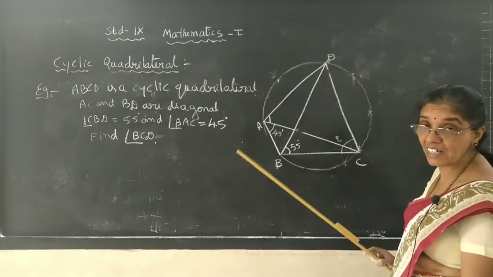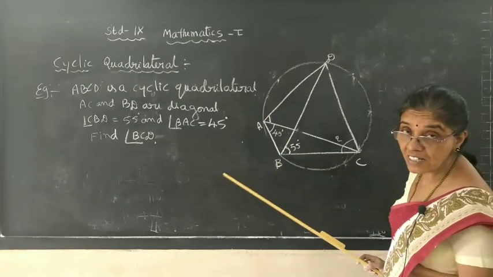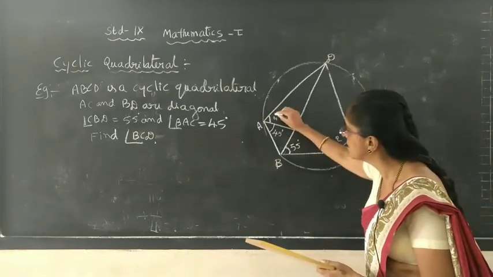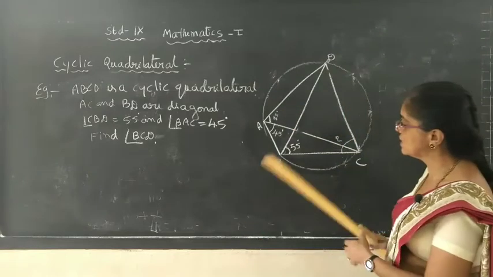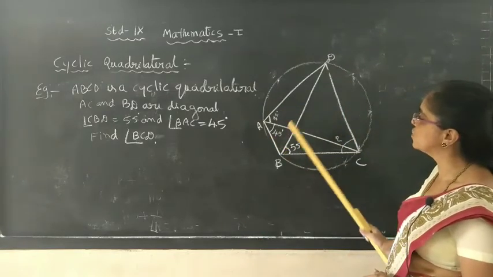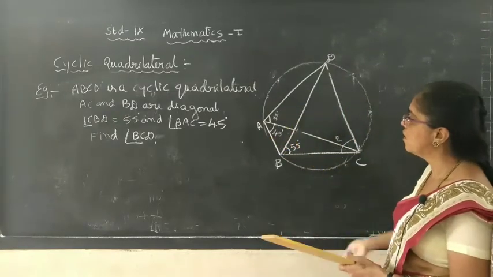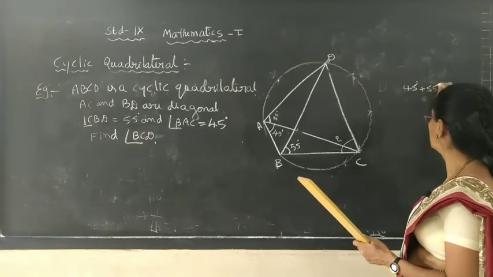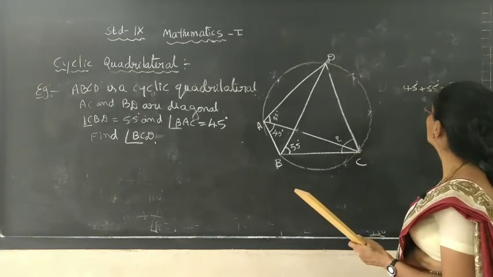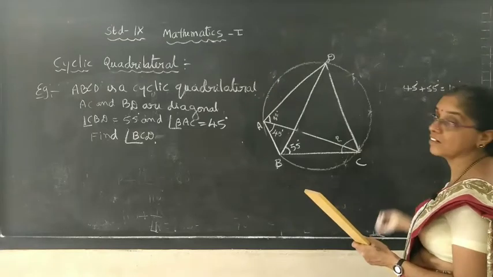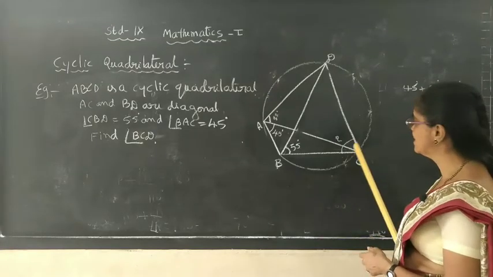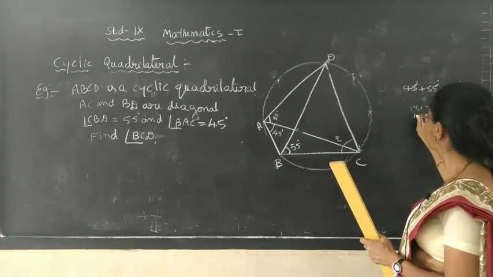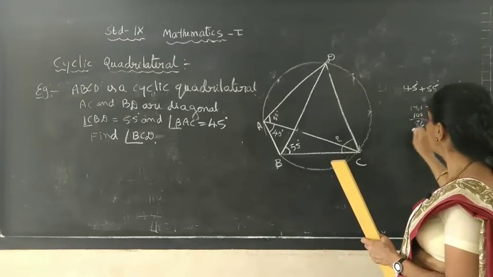The angles lie on the same segment, so they are equal. So this angle is 55 degree. So what is the total angle BAD? 45 plus 55, how much? It is 100 degree. What is the angle C then? This angle, it is 180 minus 100, so you will get it is 80 degree.